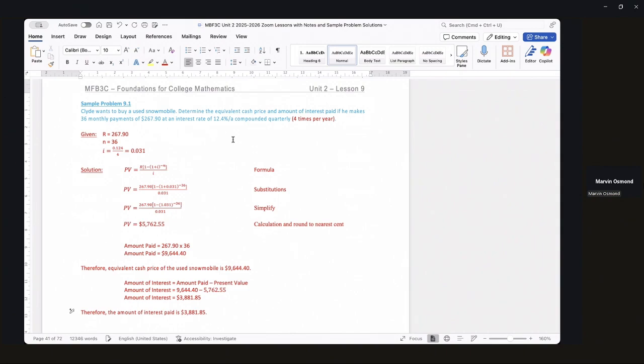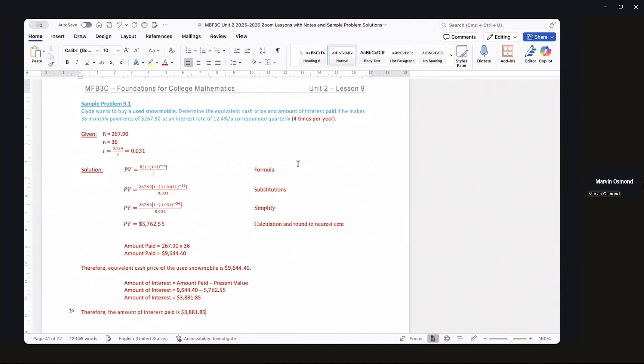Clyde just borrowed $5,700, but paid back $9,600. There's a significant amount of interest you're going to pay. Now, it might not all be interest; there might be fees you have to pay, and so on. But that's how you would figure out how much you borrowed and then how much you paid in interest.